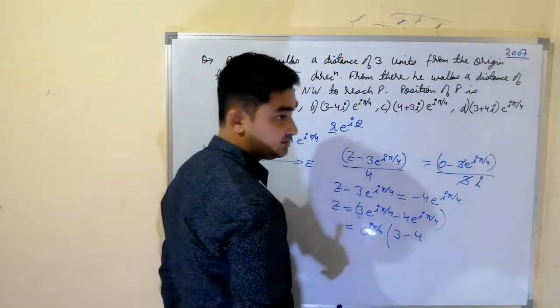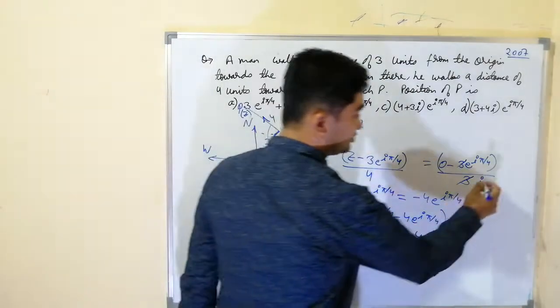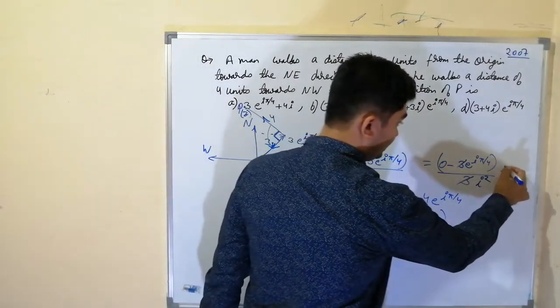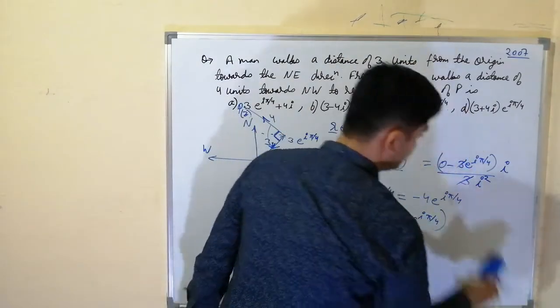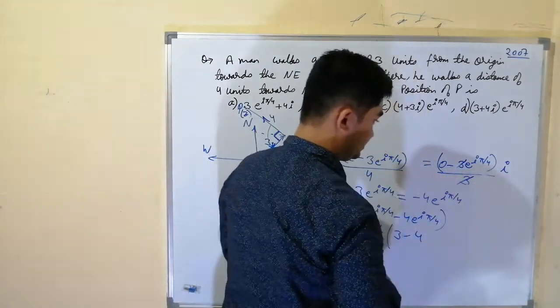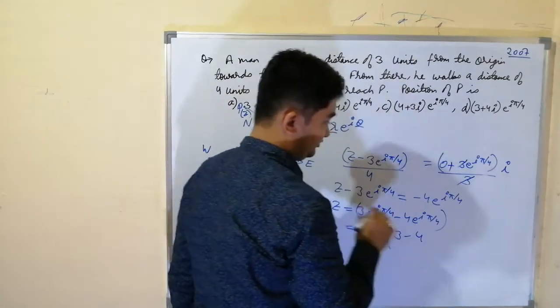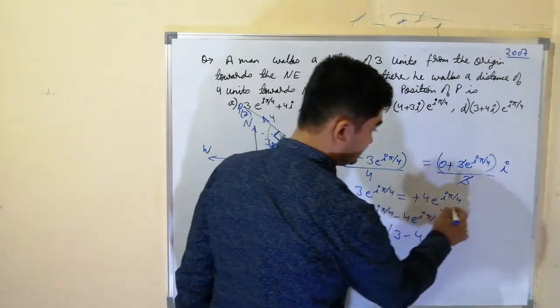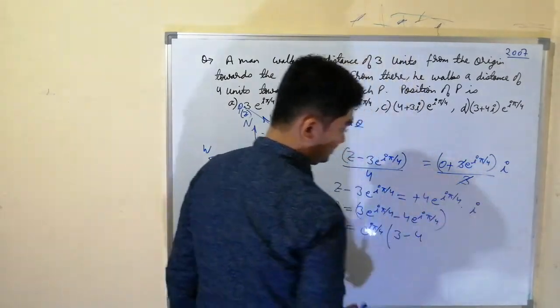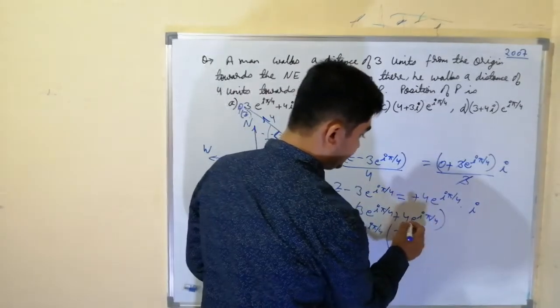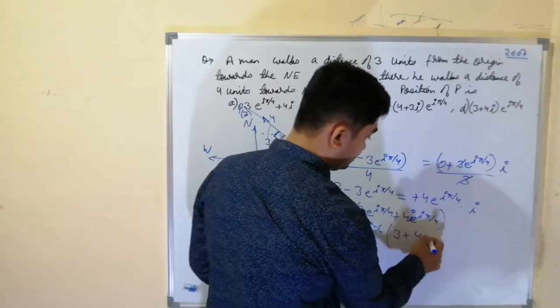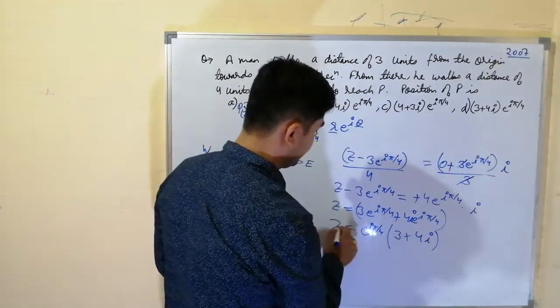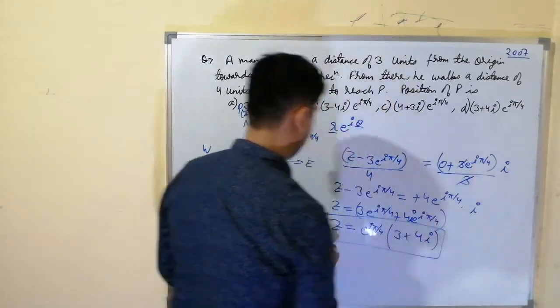And 1 by i is nothing but minus i, because multiplying with iota in numerator and iota in denominator, this iota square will become minus 1, which will change the sign. So it will become plus with i, 4i. So we will have 3 plus 4i. So this is Z. This is the final position of the point.